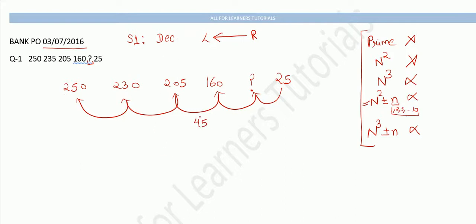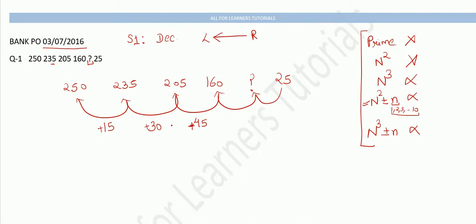Going from right to left, this is addition. 235 minus 205 is what? 30, right? Note this is not 230, this is 235 here, so it is 30. Now 250 minus 235 is what? 15, right?